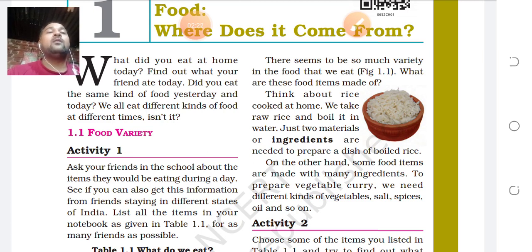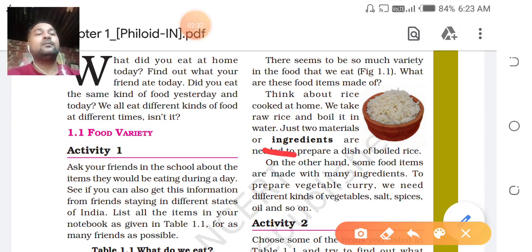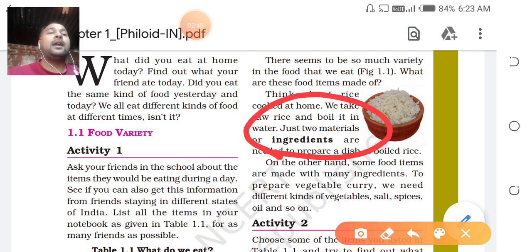These are two materials which are required to make boiled rice, okay. These materials are called ingredients, okay. So whatever things are required to prepare any kind of dish, they are called ingredients, okay. This is important, just keep it in your mind.